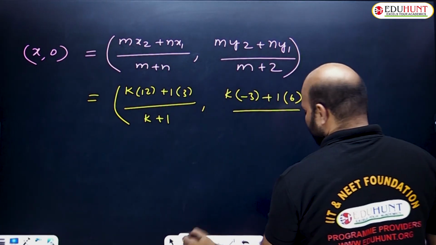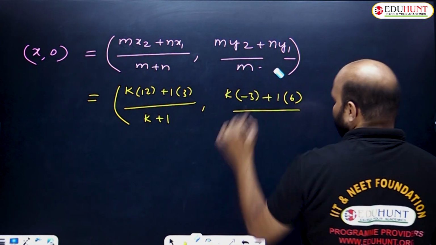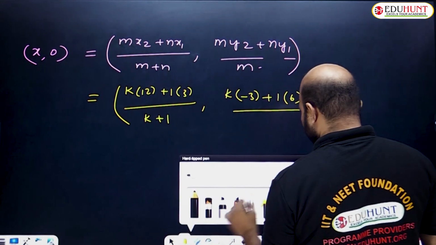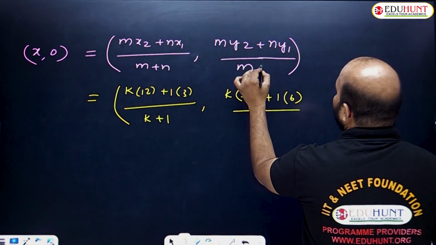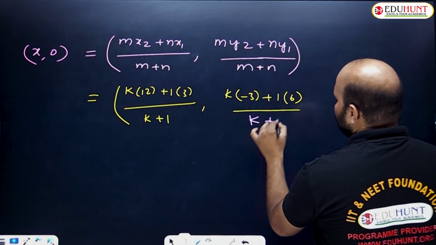Am I clear? This is m plus n, so nothing but k plus 1.